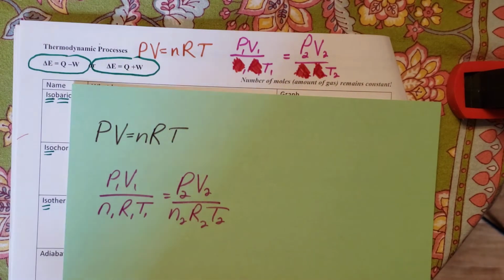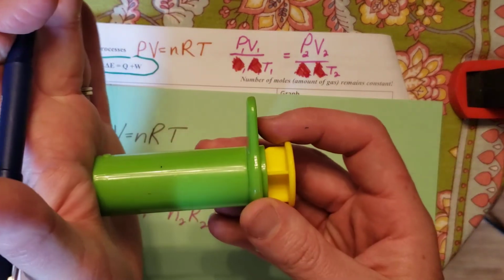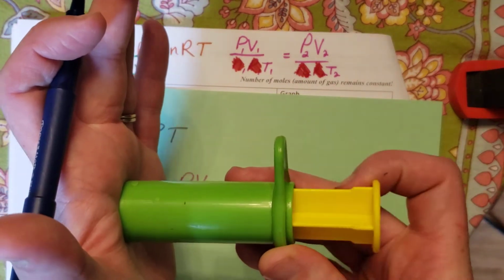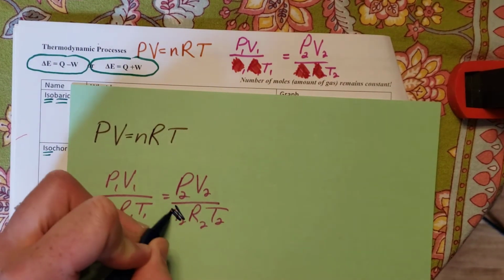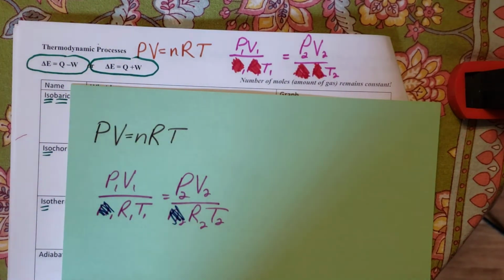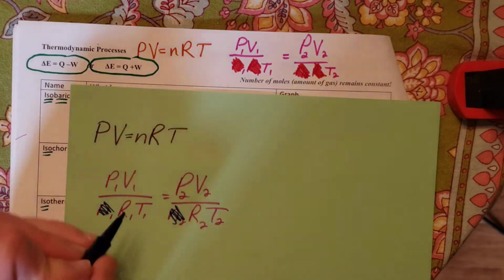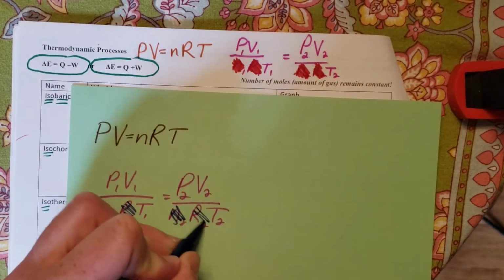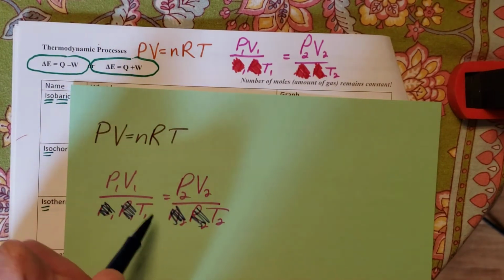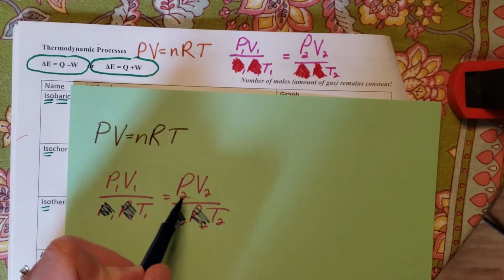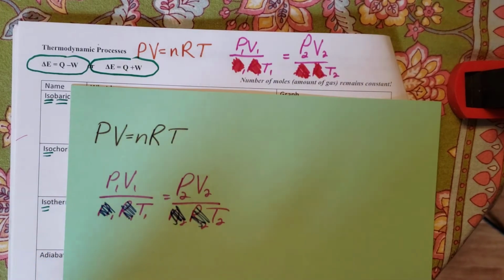The amount of gas in my piston will never change no matter what type of manipulation I make, so the N's can cancel out. Second, it's the universal gas law constant, so my R's can definitely cancel out, which ends up with this equation: P1 V1 over T1 is equal to P2 V2 over T2. And this is where we'll get to see some of our comparisons as we're going through.